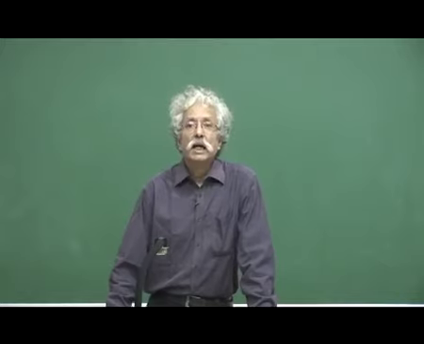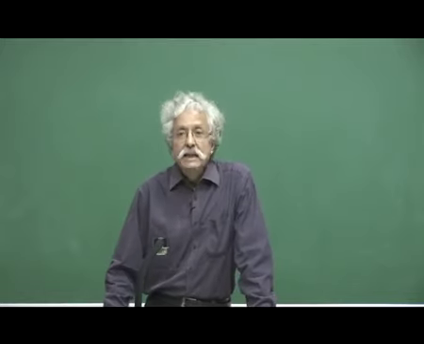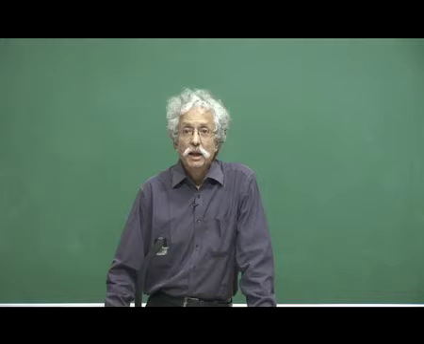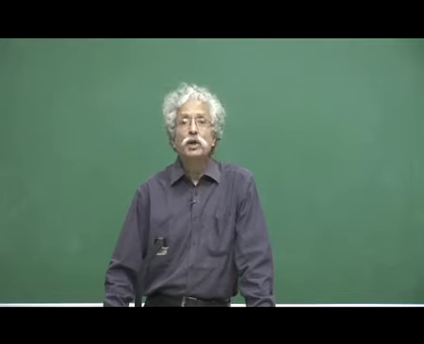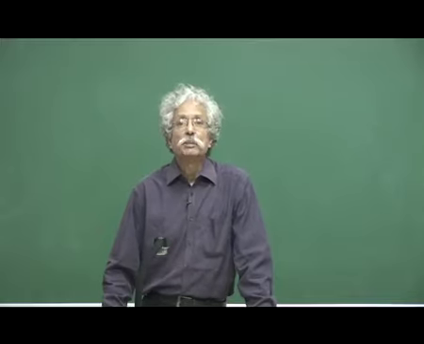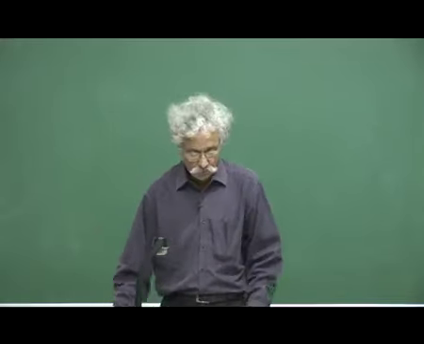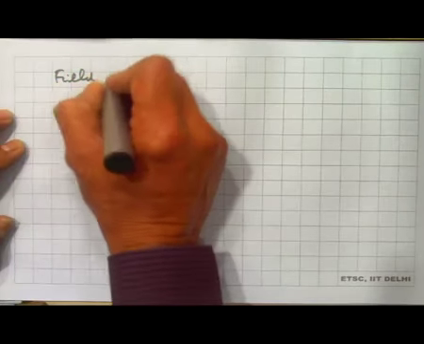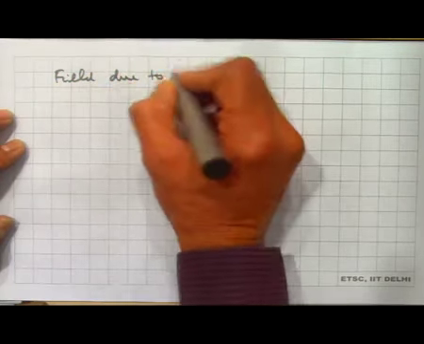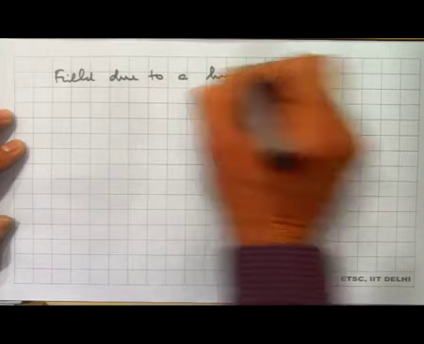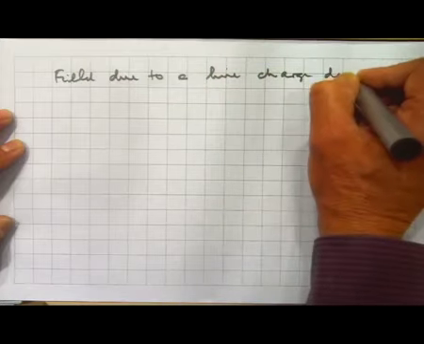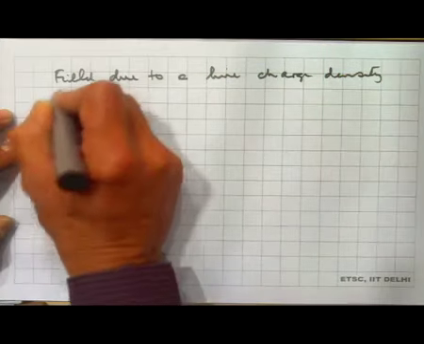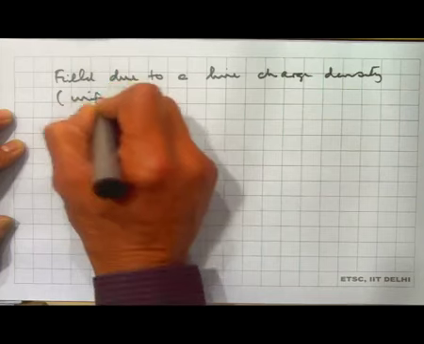Now I want to look at another example, in which I will calculate the field using both Coulomb's law and Gauss's law, and you will again see how Gauss's law simplifies the calculation. This is the field due to a line charge density, and I am assuming it is infinitely long.